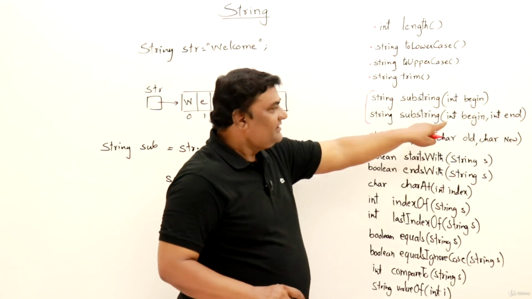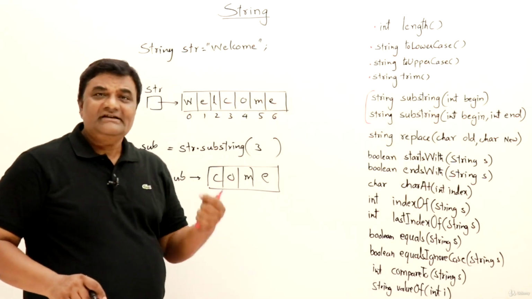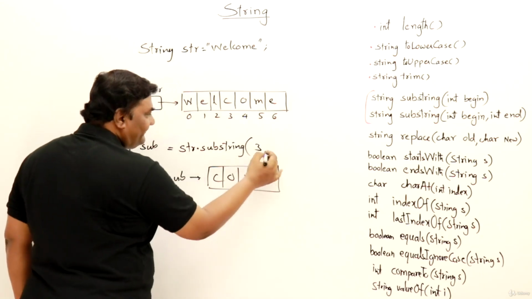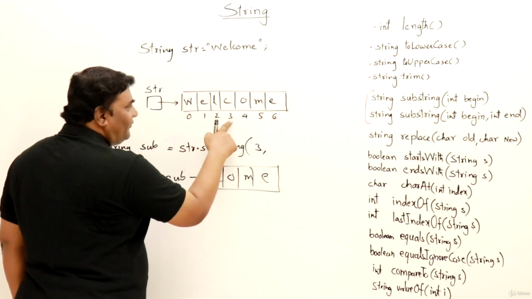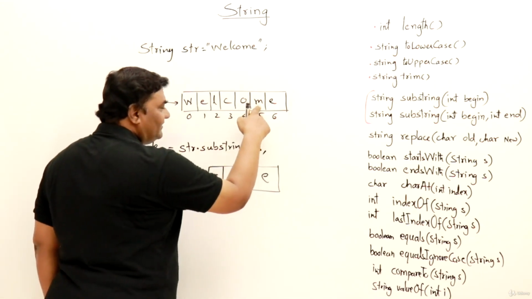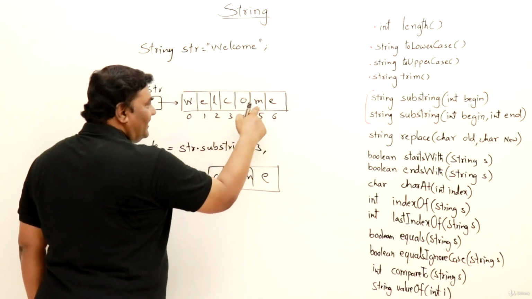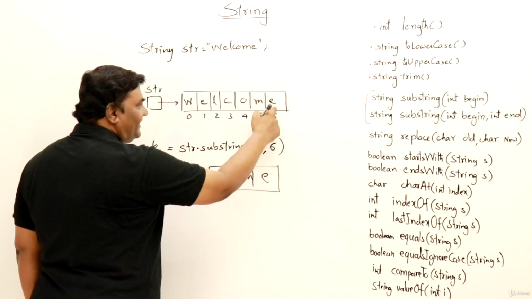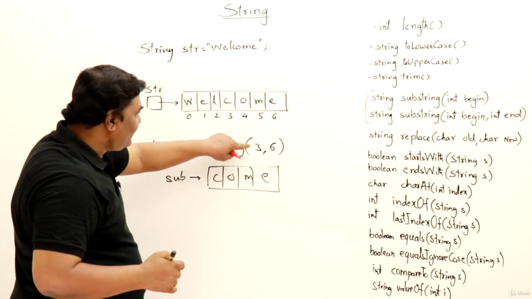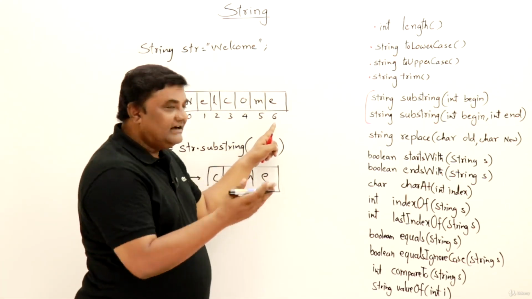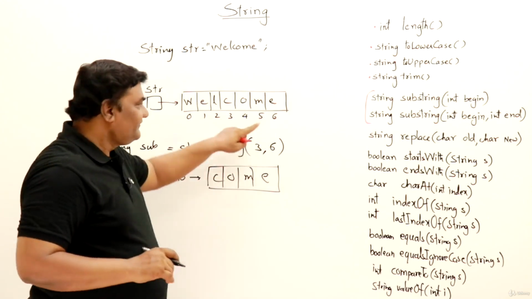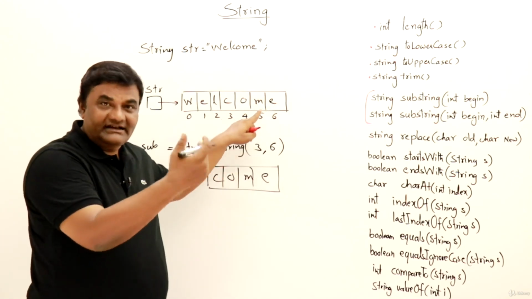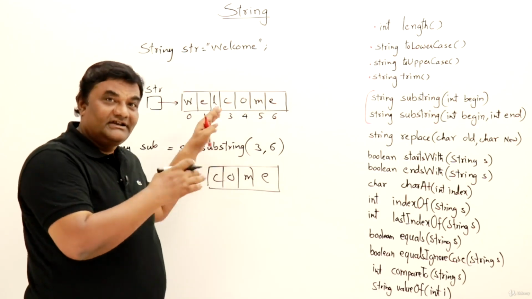Then there is one more version. You can give the beginning index and the ending index. Here I'll give the starting index as 3, and I want up to M, right? COM is 3 to 5, so I should give 6. I should not give 5, I should give 6. It will start from 3, but it will stop at ending index minus 1.